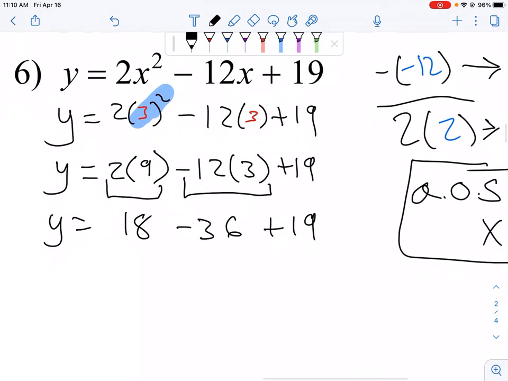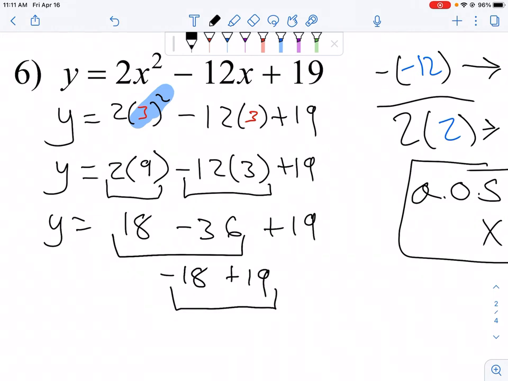And then if you wanted to, in your calculator you could just do 18 minus 36, hit enter, get your answer, which would give you negative 18, and then hit plus 19. I'm going to just do these one piece at a time. So this would make negative 18 plus 19, and then these would make a positive 1. So y equals 1.